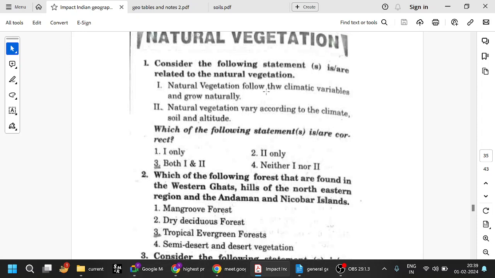Natural vegetation follows the climatic variables and grows naturally. Natural vegetation varies according to the climate, soil, and altitude. Obviously, if there is black soil, you will have cotton, tobacco, etc. If it is red soil, something else. So both the statements are correct.